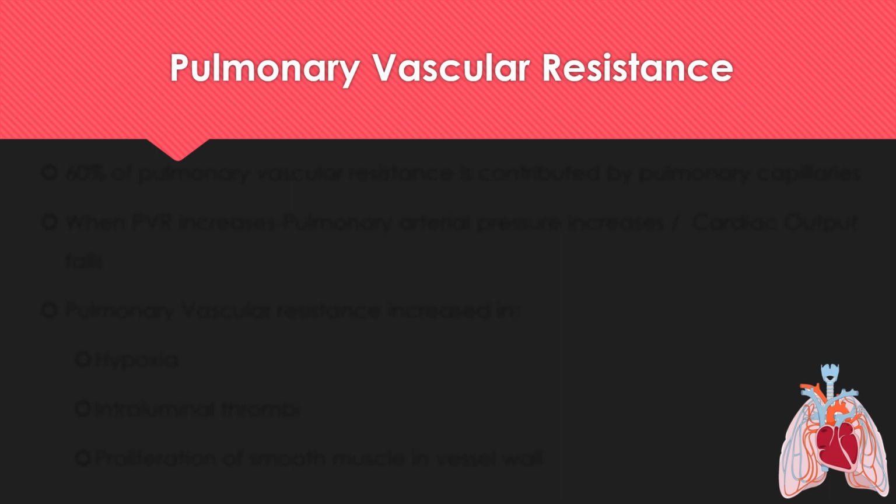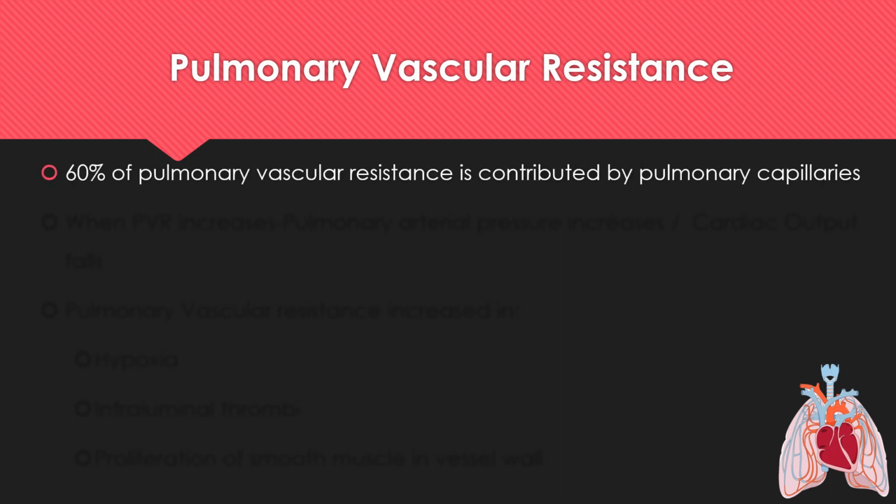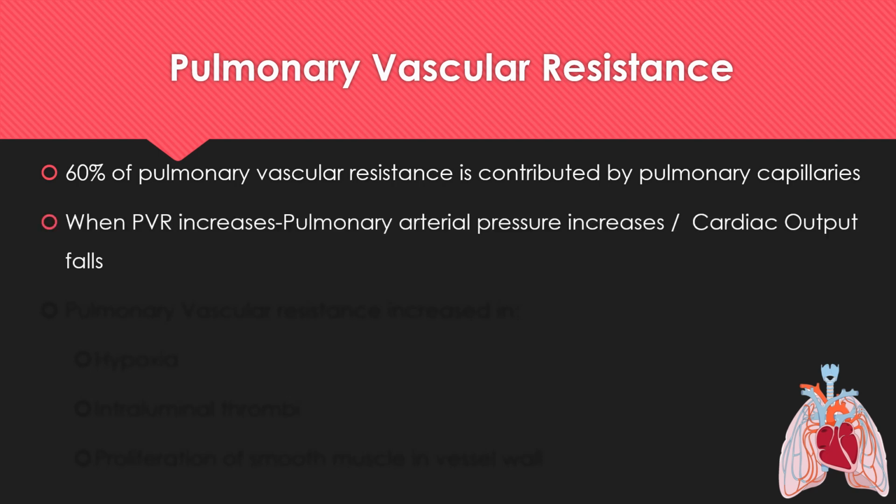Moving on to the pulmonary vascular resistance. 60% of the pulmonary vascular resistance is mainly because of the pulmonary capillaries. When the pulmonary vascular resistance increases, that increases the pulmonary arterial pressure, and then the cardiac output falls.